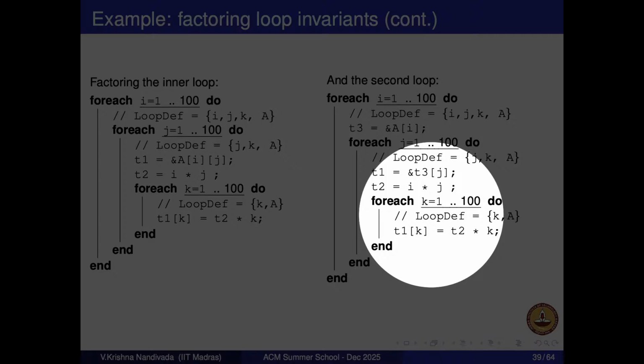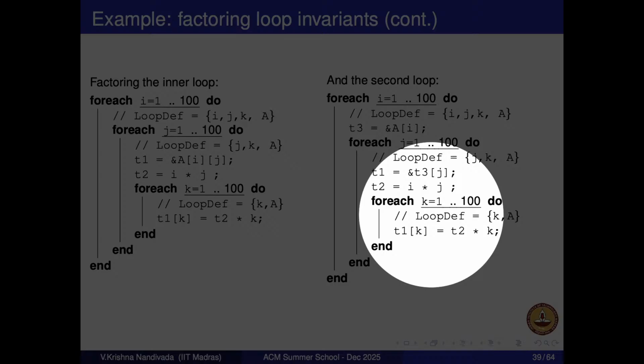Do you see that this loop is the same as this loop? Now pay attention, in the original loop how many multiplications were there? 1 million plus something.